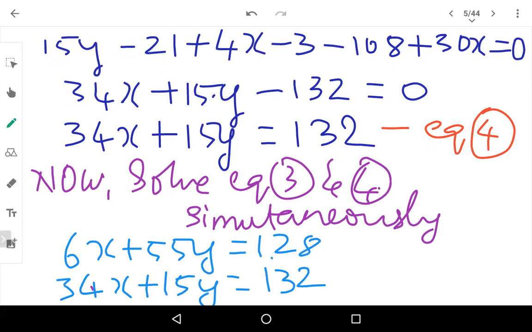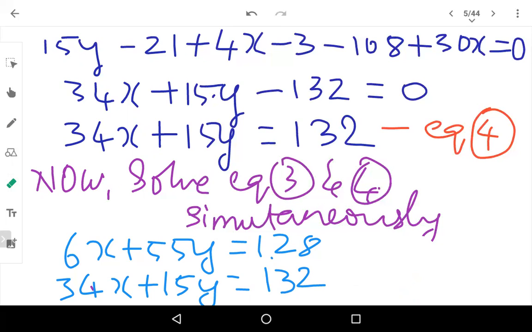Okay, so this is our equation 3 and equation 4. Now find a number when you multiply it with 6, you should get same number, and when you multiply it with 34 also you should get the same number. Did you all understand? If you just check the tables of 6 and 34, where you will get the same number when you multiply it.